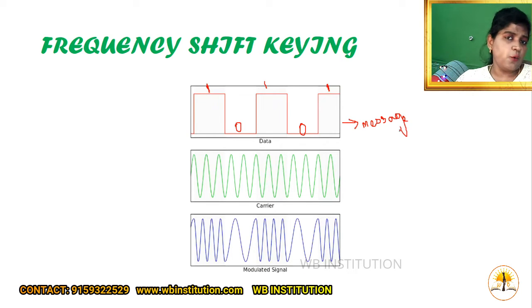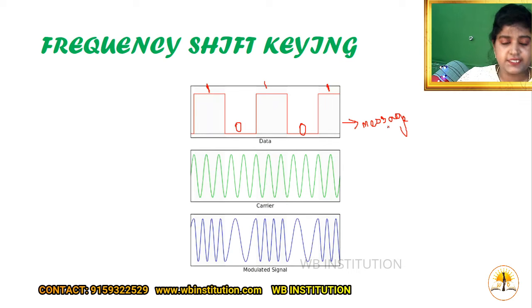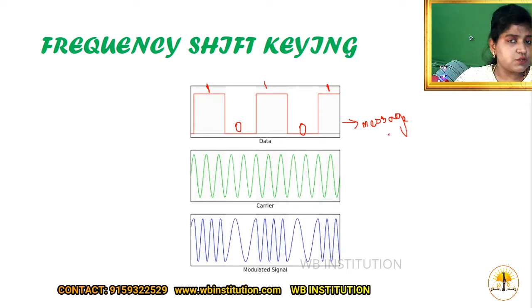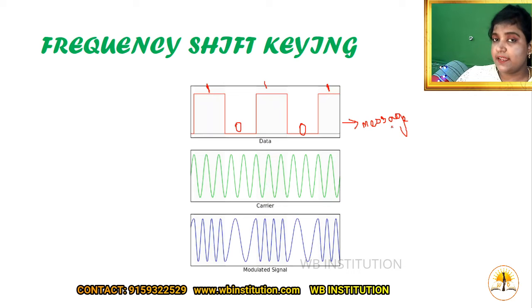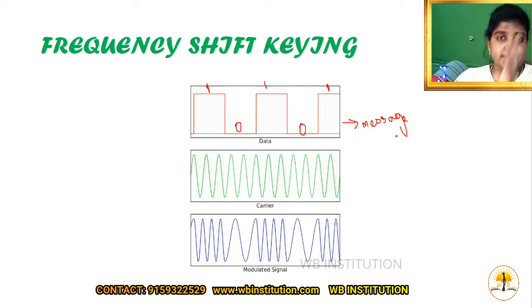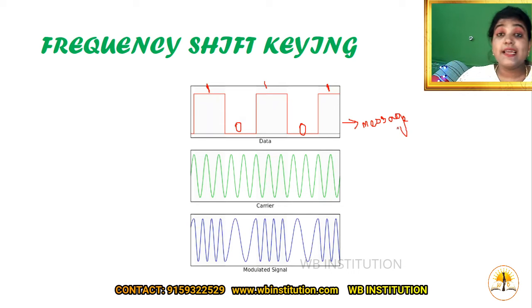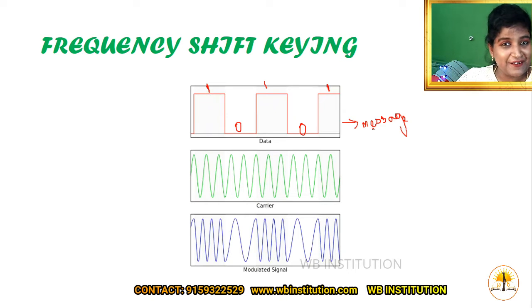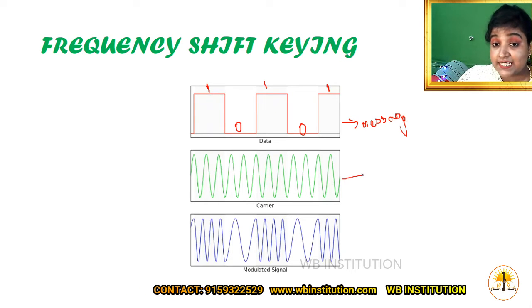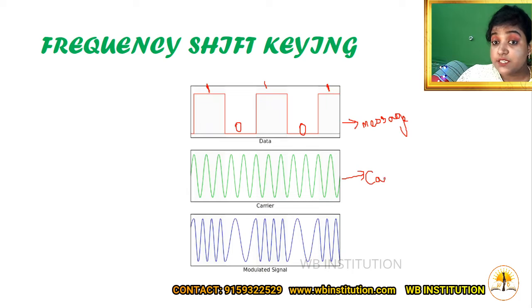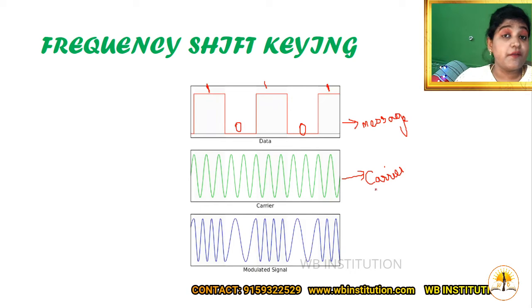Fine. Now I have to check my carrier signal. What sort of signal is your carrier signal? It is a sinusoidal signal, or a continuous signal. Can you find any continuous signal over here? Yes, your second signal seems to be continuous. So I'm going to state this as the carrier signal.